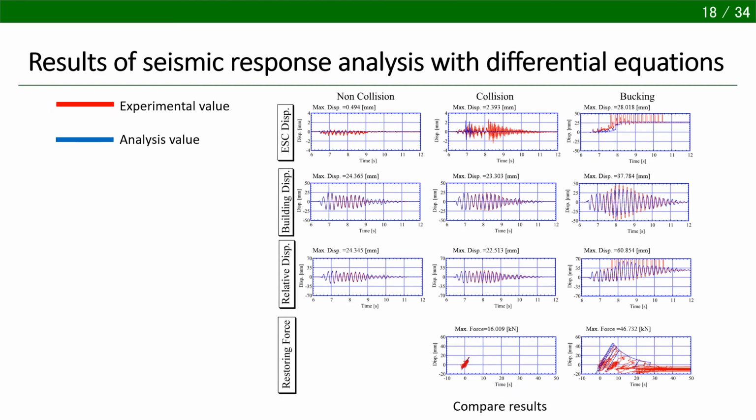This slide shows the result of the seismic response analysis of the differential equation model. For non-collision and collision, the maximum response value and the waveform trend of the experiments can be reproduced. In the collision case, the maximum building displacement is approximately 38 mm.